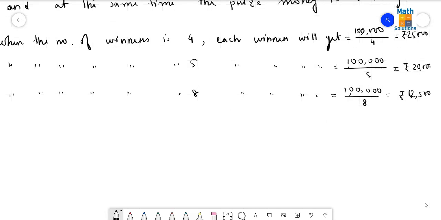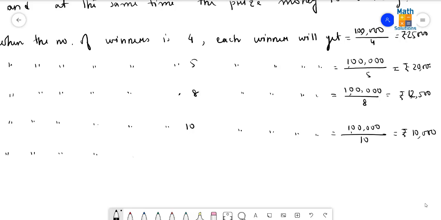When the number of winners is 10, each winner will get 1 lakh divided by 10, and we shall get rupees 10,000.